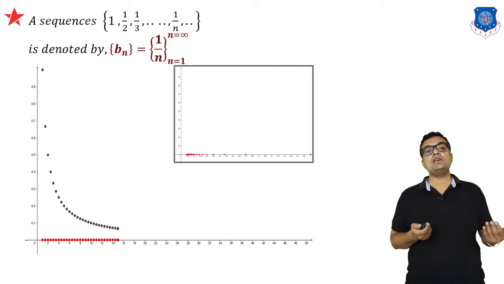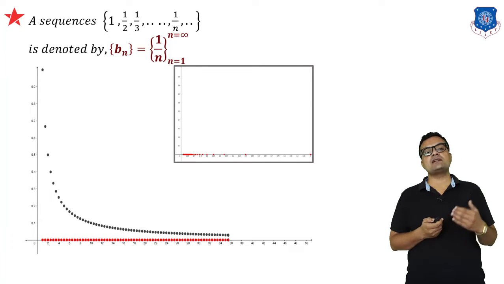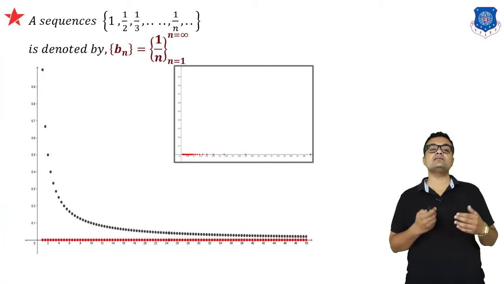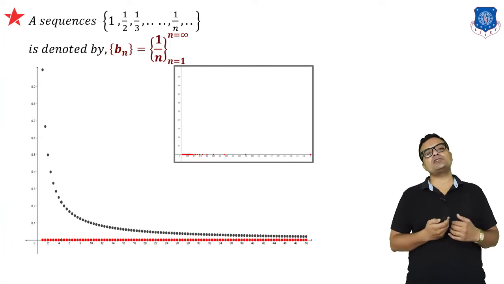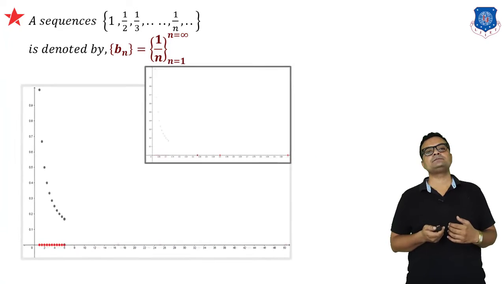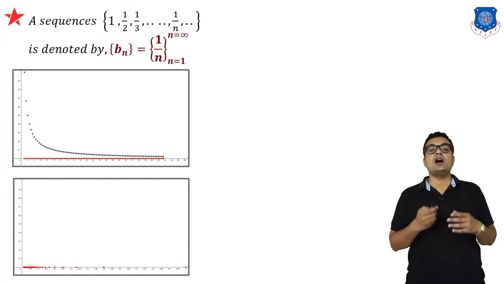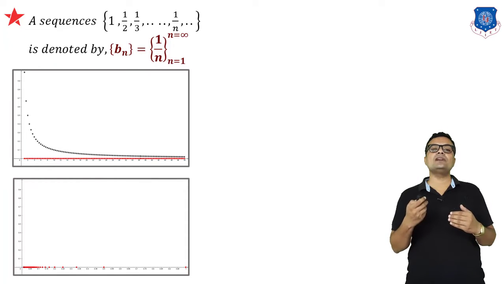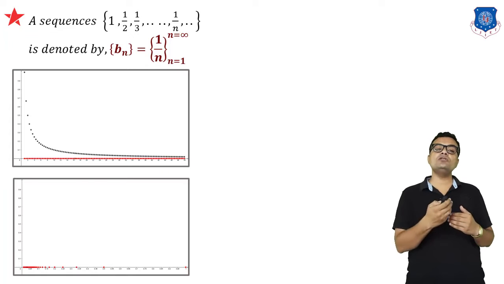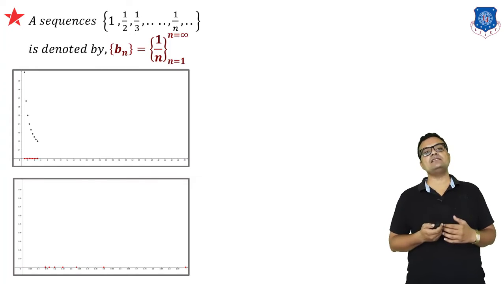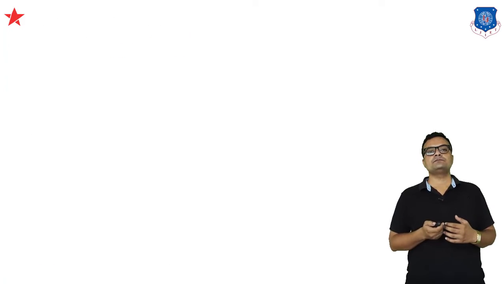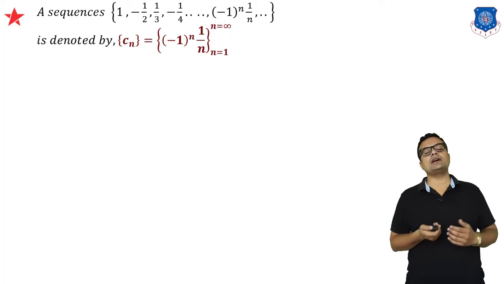So it may happen that your value is coming closer and closer to 0 as the value of n is increasing. This is exactly the opposite scenario to our previous case. So these two frames show how the sequence can move towards 0 also as n is increasing.